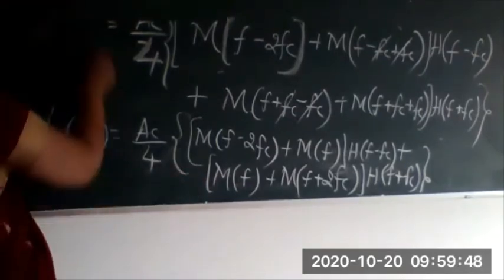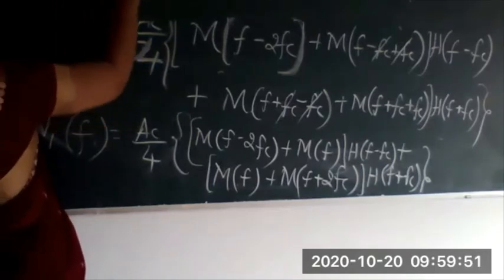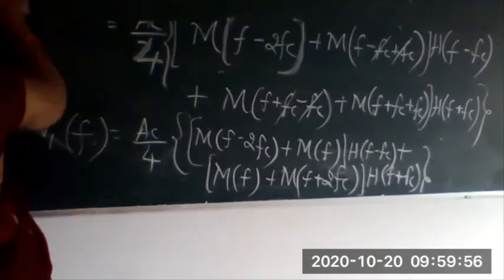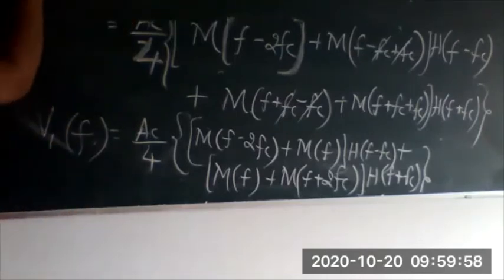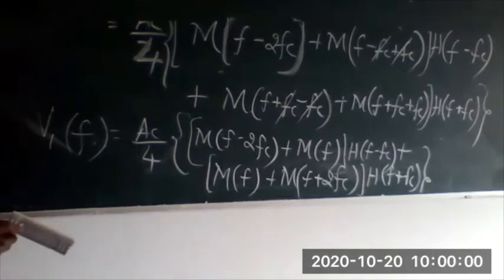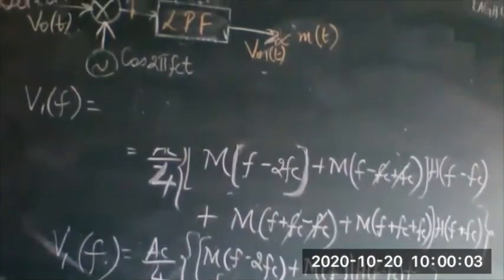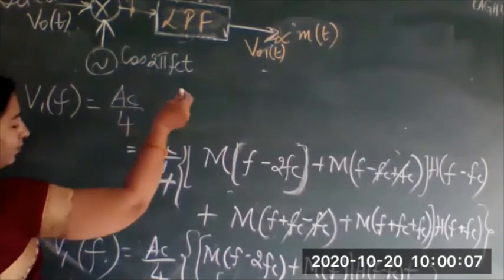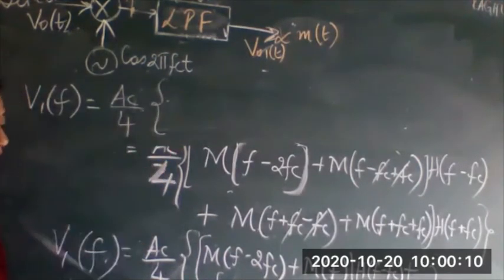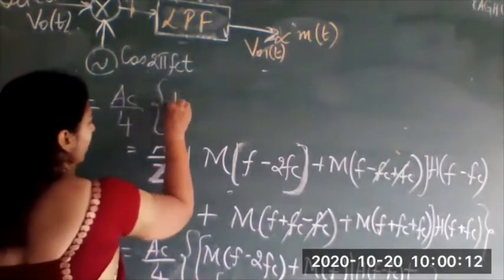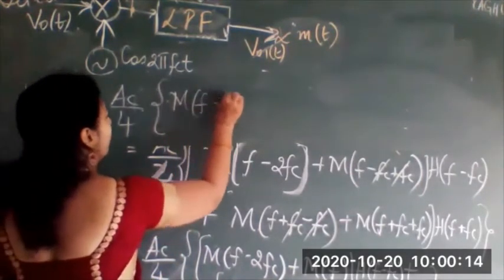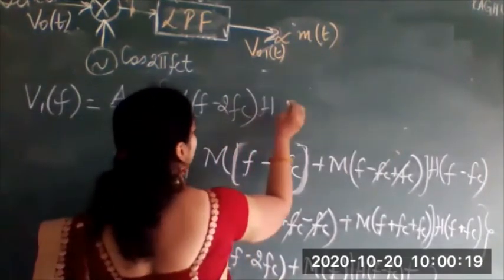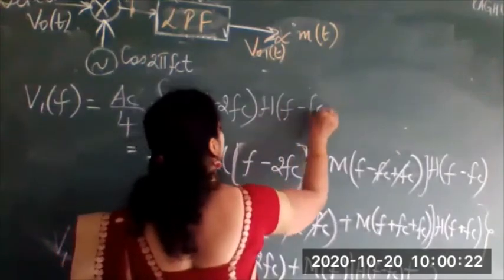So, can you do it? Therefore, V1(f) can be written as, I think I can write it a little more to the left. V1(f) can be written as what? In this signal, Ac/4. I'll take M(f - 2fc) into H(f - fc).